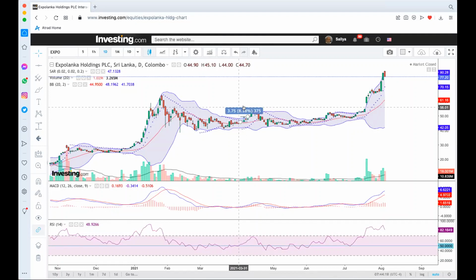Let's say even within a week, you made 8%, or take that 2.5% away, you will have 6% roughly, right? 6% for 1 week. 6 into 4 gives you 24% per month, into 12. That's 288% for a year, right? That's how you have to look at it when you are trading like that, right?